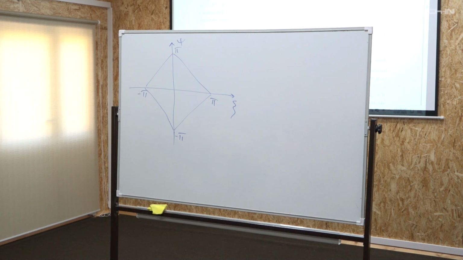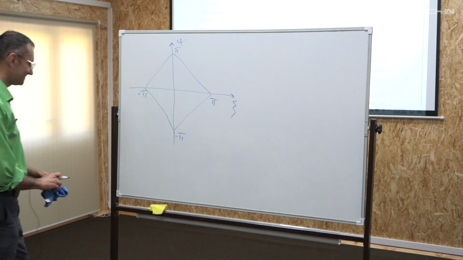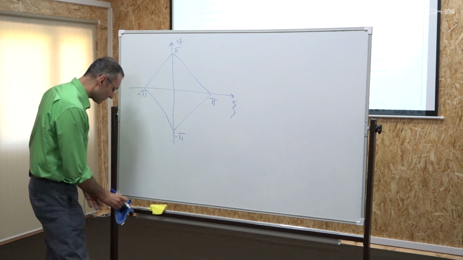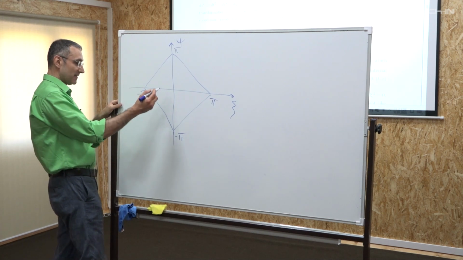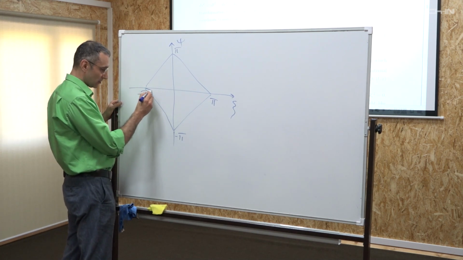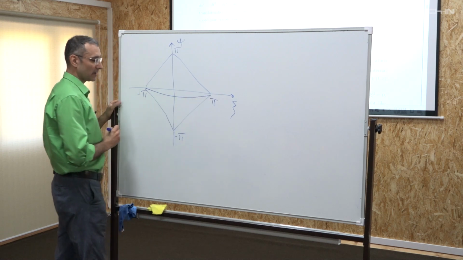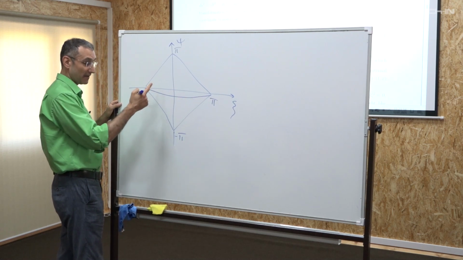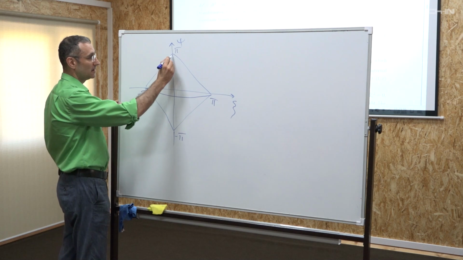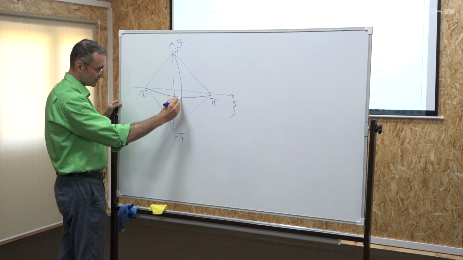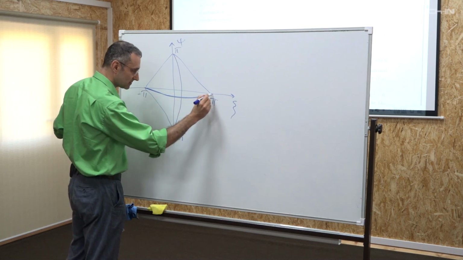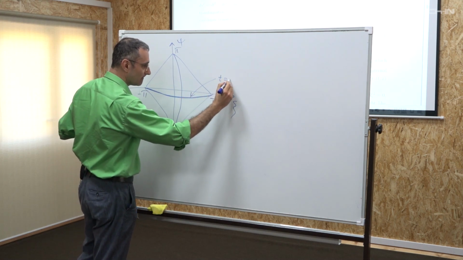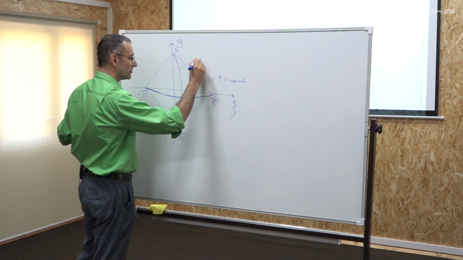Nevertheless, if I ask the question, X constant, how does it look after the map, this is a line, T constant, this is a line, or vice versa.